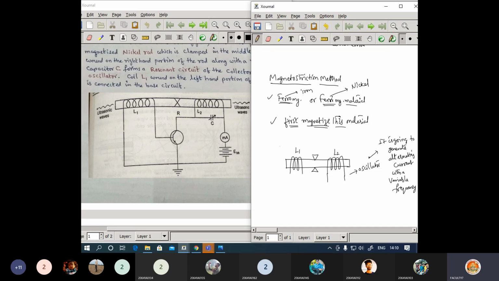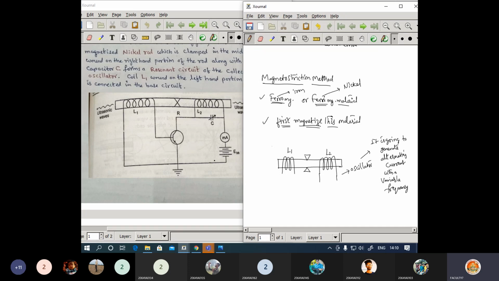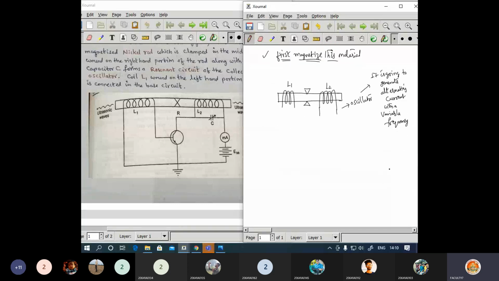You are going to get an alternating current. If you refer to the circuit here, initially you are giving the battery or the DC source, and as a result of this circuit, you are going to get the AC current, meaning alternating current. We had seen that in the previous explanations.